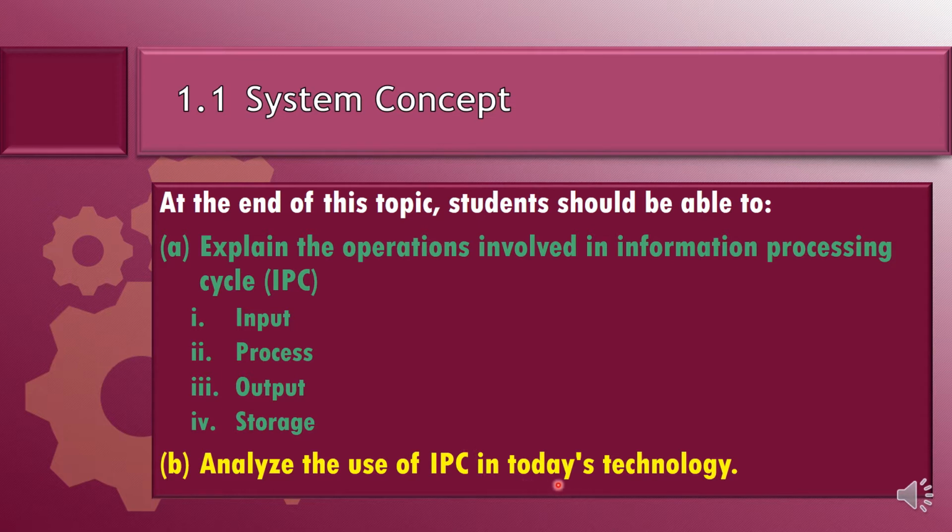You need to do a lot of readings from outside sources, and you should improve your general knowledge on technology around us nowadays, so that you can get the ideas of how they relate with IPC.